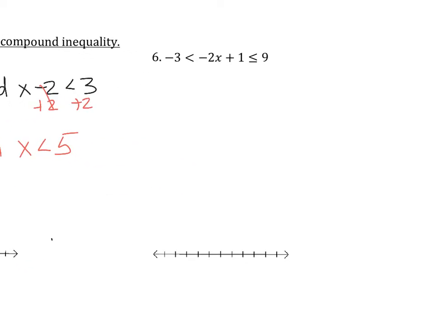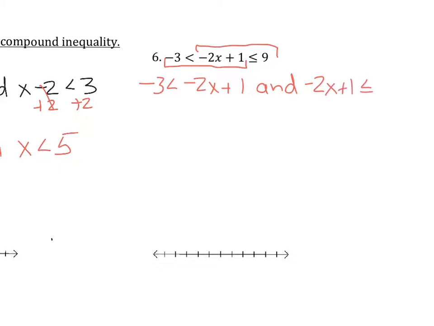6. So I break it into this inequality with the negative 2x plus 1 and this inequality. We'll make sure that middle part goes with all of it. So we have negative 3 is less than negative 2x plus 1, and that same negative 2x plus 1 is less than or equal to 9.